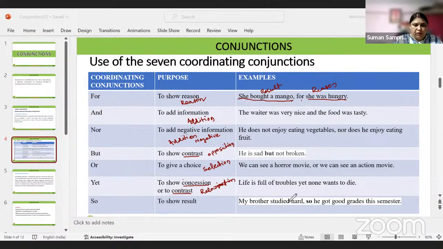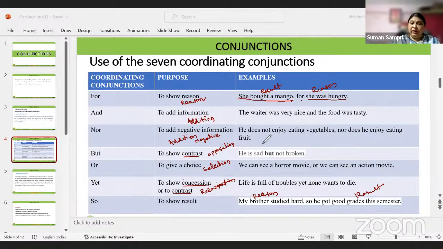And in so, you will also find result and reason, but you will find the reason first, and then you find the result. So my brother studied hard, so he got good grades in this semester, right? So the difference between using so or for, both show reason and result.